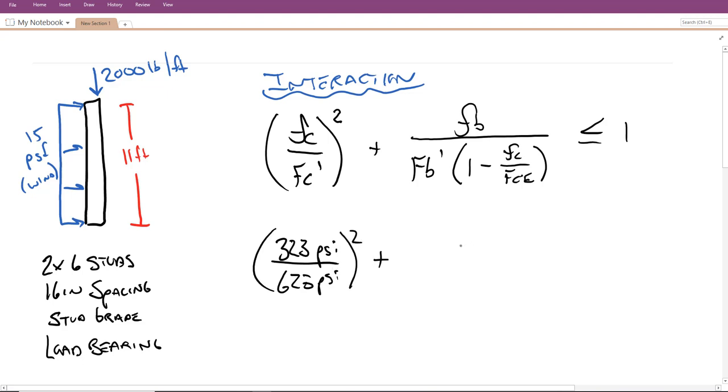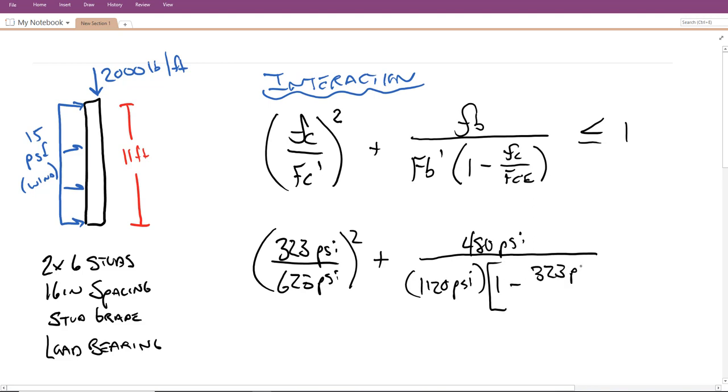And then I end up with 480 psi as my actual bending stress, my allowable bending stress, of course that's adjusted, 1120 psi, and inside this little thing, 1 minus the actual compressive stress divided by my Euler buckling stress, 729 psi. Again, that one was found halfway through the compressive stress equation. All of that has to be less than or equal to 1.